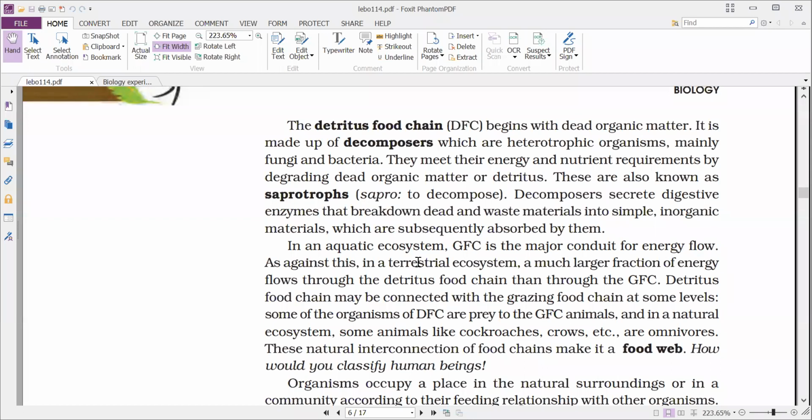When you observe these saprotrophs, whether a fungus or a bacterium, they secrete digestive enzymes outside their body onto the dead and decaying organic matter on which they are growing, and these enzymes digest this matter and convert the complex organic substances into simple inorganic substances, which are later absorbed by the decomposers or saprotrophic organisms.